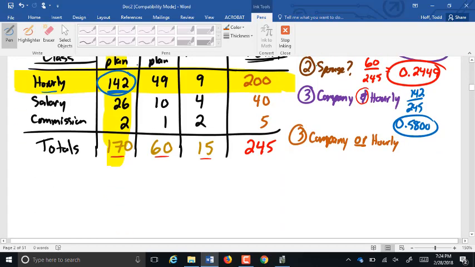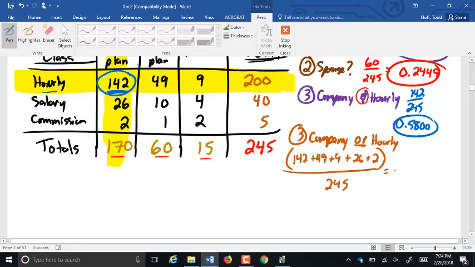They're either on the company plan, which is that yellow column, or they're hourly, which is the yellow row. So we could add up all of those. If it meets any one of them, they're meeting that. So it could be 142 plus 49 plus 9 plus 26 plus 2, all of those highlighted numbers, divided by 245. We're still looking at the whole group of 245.